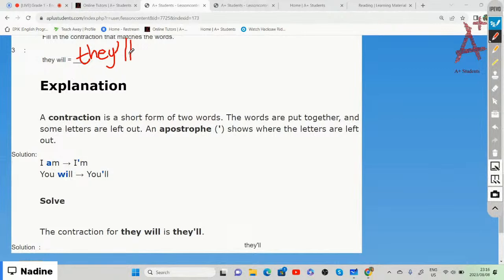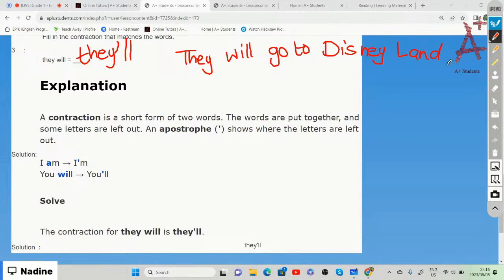If we were to make a sentence with they will, then we can say, they will go to Disneyland next week, right?